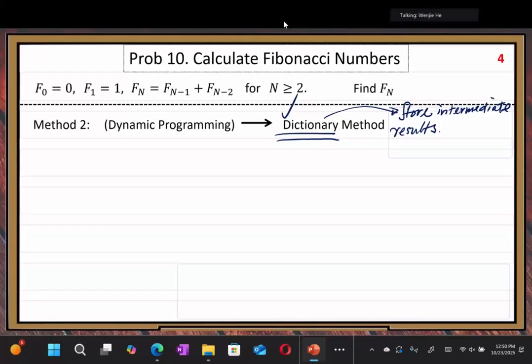But you need to use extra cost, because maintaining a dictionary needs some extra resource and computing cost. But that cost is not very high. We just increase our resource a little, because we know the storage is pretty cheap.